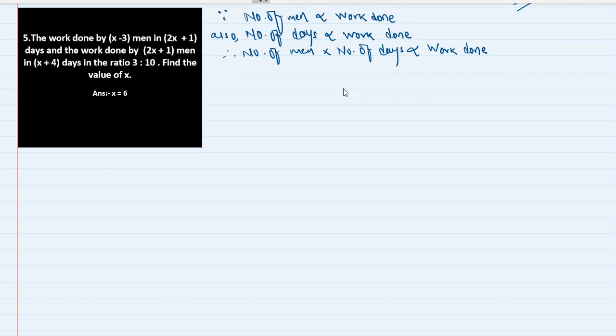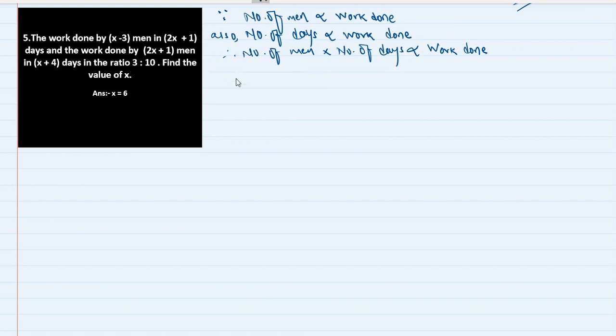So it means that if you have the product of number of men and number of days, the value will give you the ratio of the work done.